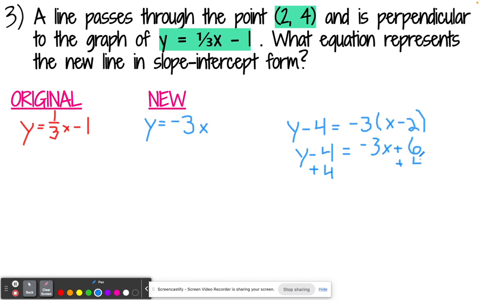And I get y equals negative 3x plus 10. So my new one is y equals negative 3x plus 10. My slope's opposite reciprocal.